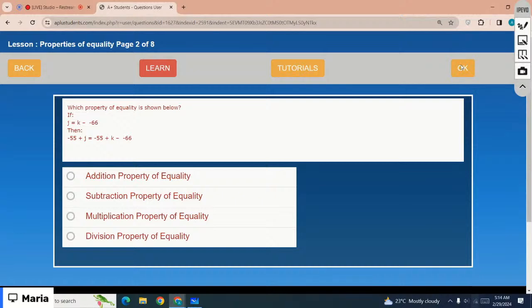When you add the same number on both sides of the equation, the answer is always the same. So that is the addition property of equality, because you added negative 55 to both sides. The correct option is addition property of equality.